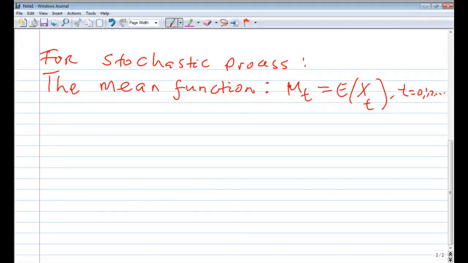Okay, for stochastic processes, to define your mean function, you have to use mu t equal to the expected value of Xt, where t is ranging from 0 up to infinity.